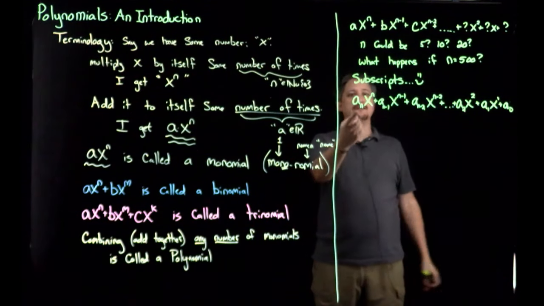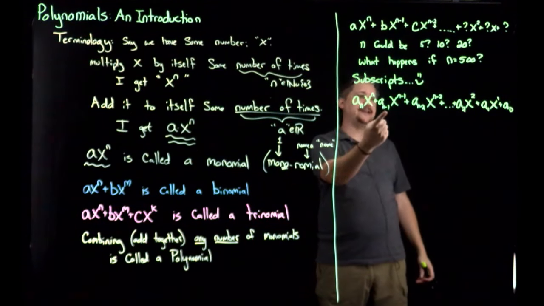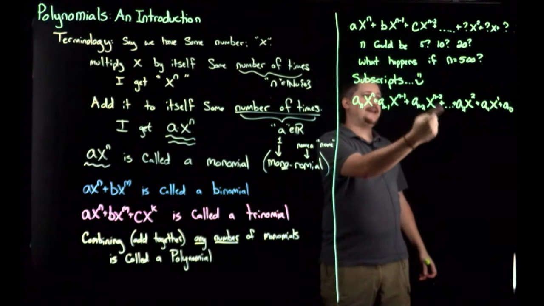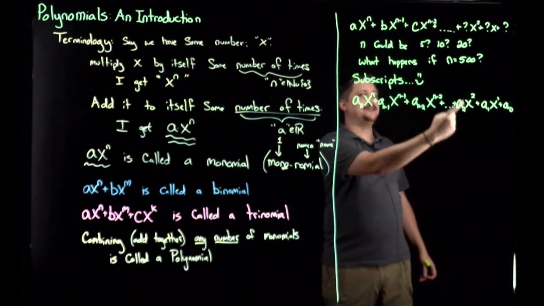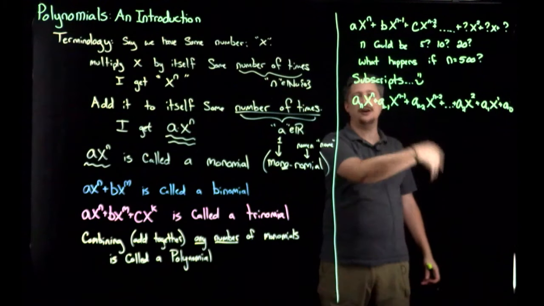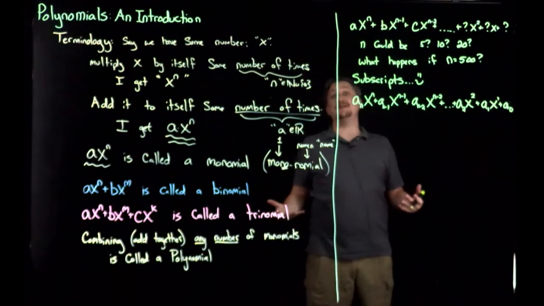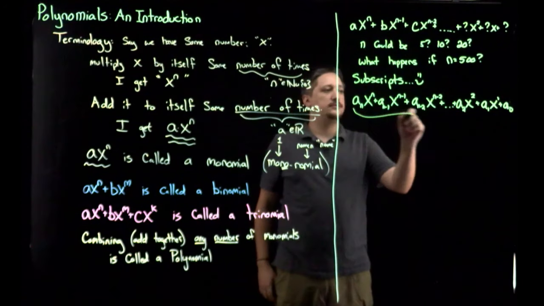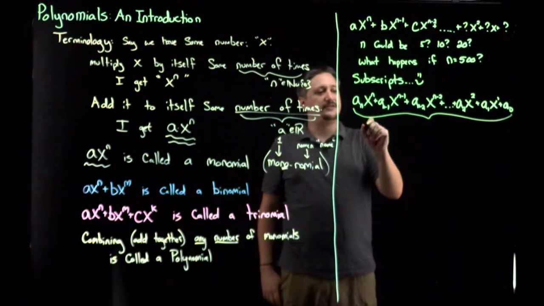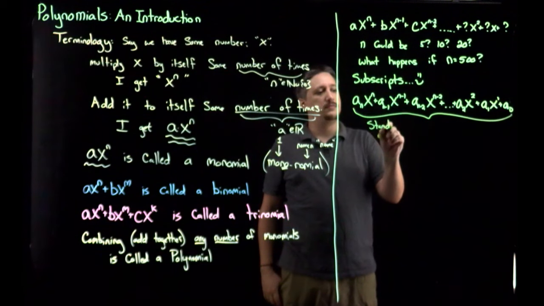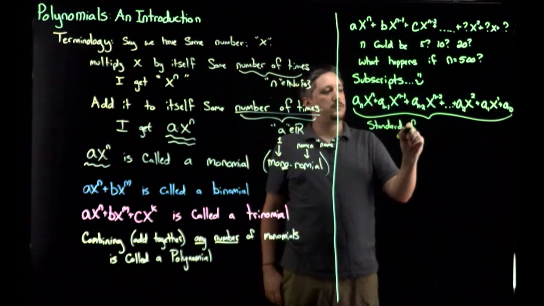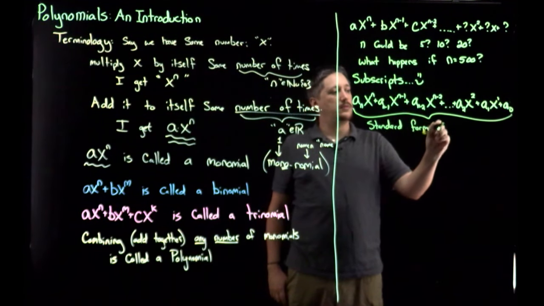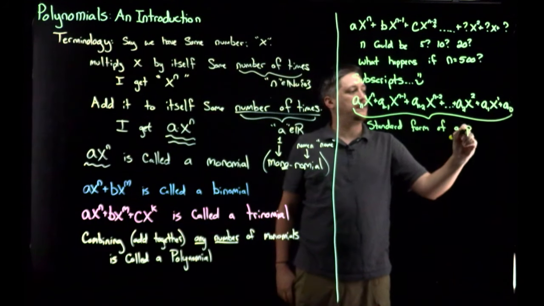If n is 500, I'm just doing A500, A499, A498, A497, A496, dot, dot, dot, right? Just keep going. I don't need to worry about if I have that many letters, okay? So this is the standard form of a polynomial.